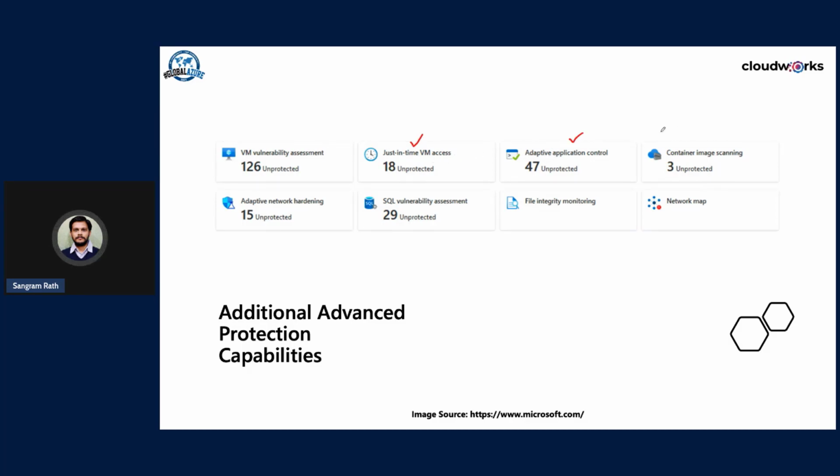Adaptive application control, right? Network maps, file integrity monitoring. We'll talk a bit more about this in the coming slides. But this is a complete list of features that you get on enabling Azure Defender. Okay, so Azure Defender is your cloud protection platform. Comes with a ton of capabilities and more getting added as and when the next releases come in.